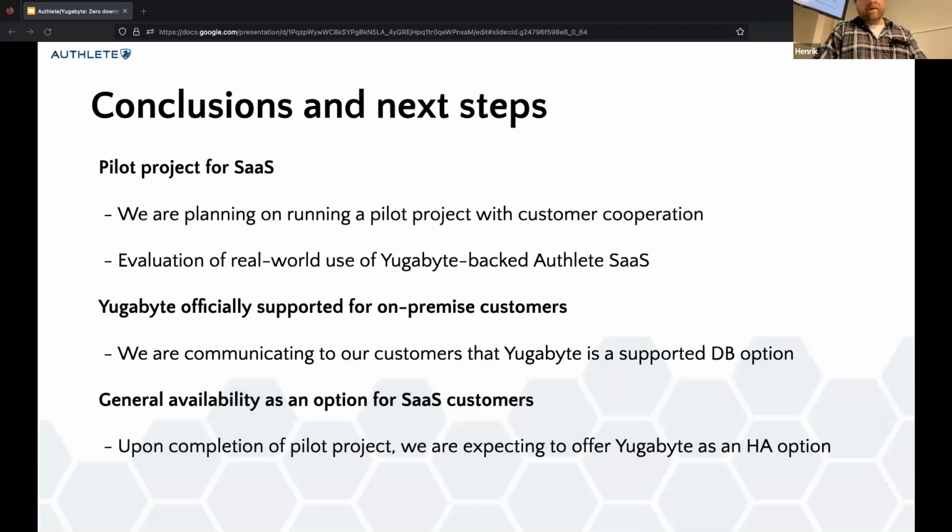We are also telling our customers that Yugabyte is one of the officially supported options they can use as a database when they run on-premise. And after the hopefully successful conclusion of the pilot project, we will provide Yugabyte as an option for our managed customers who want higher availability and zero downtime.